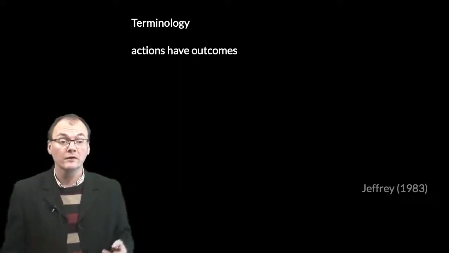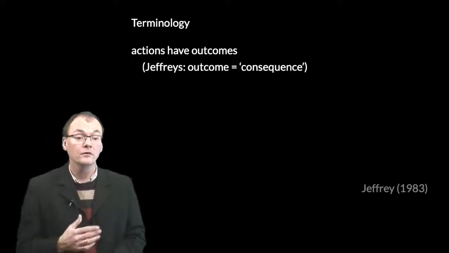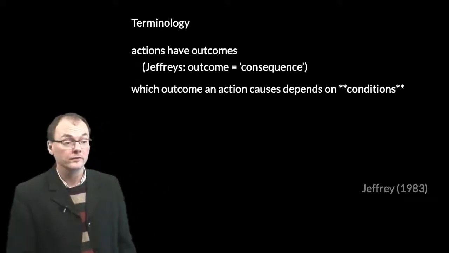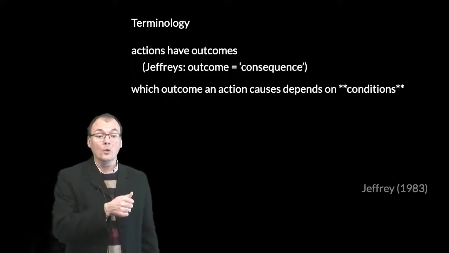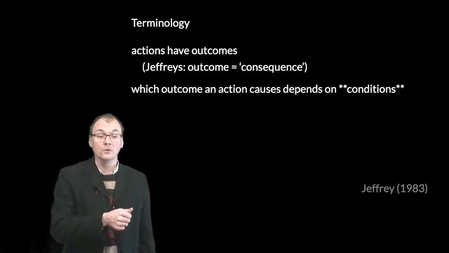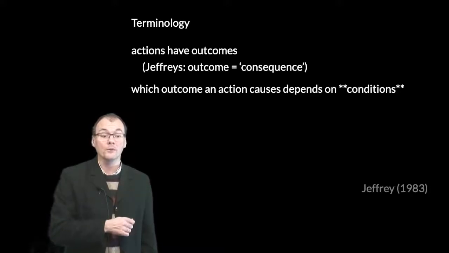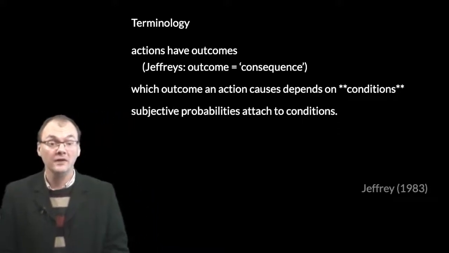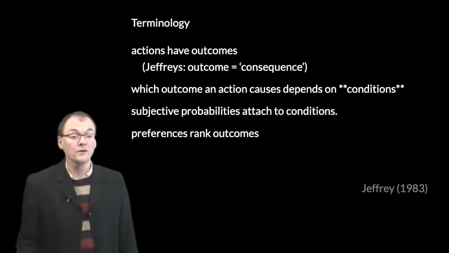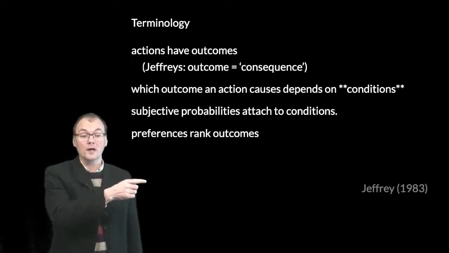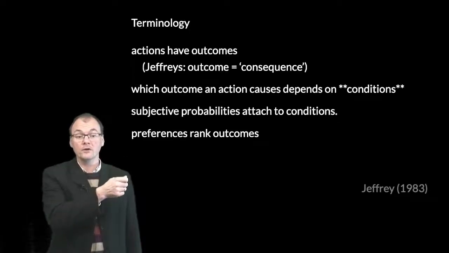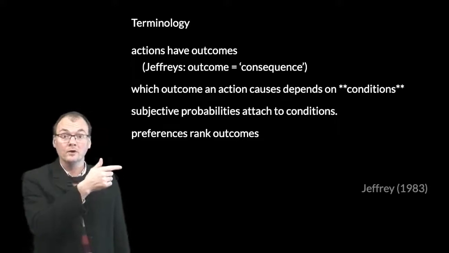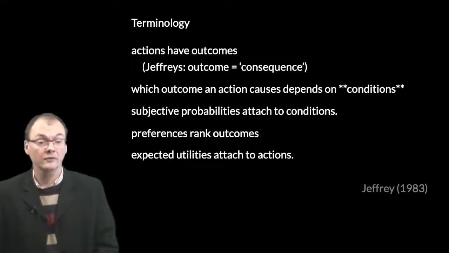So we've thought actions have outcomes, or as Jeffrey says, consequences. We think that which outcome an action causes depends on what condition obtains. We think that the subjective probabilities attach to these conditions. We think that preferences are things that rank the outcomes, not the actions. You don't have preference in this view for one action over another, but rather for the different outcomes that your actions can have.